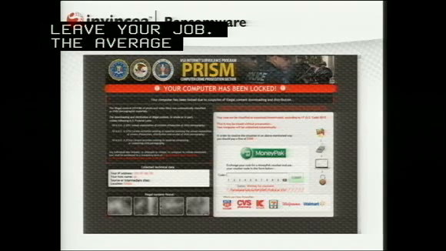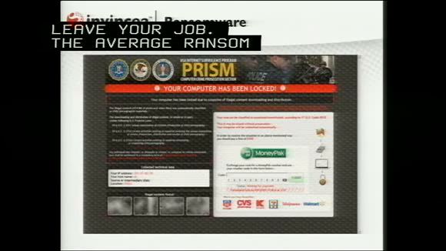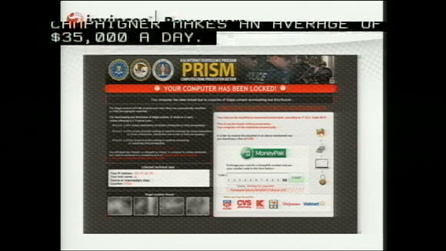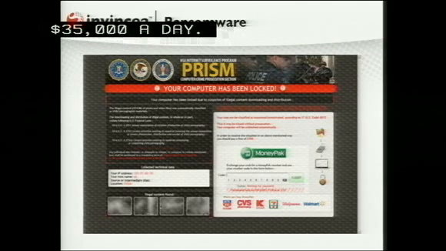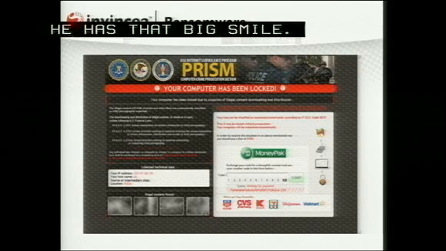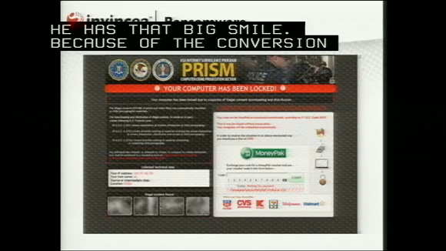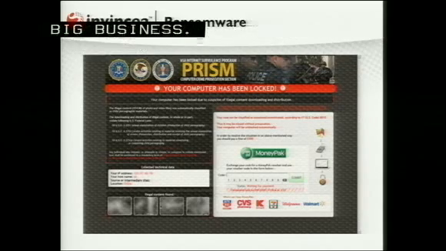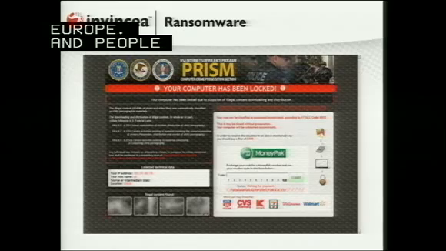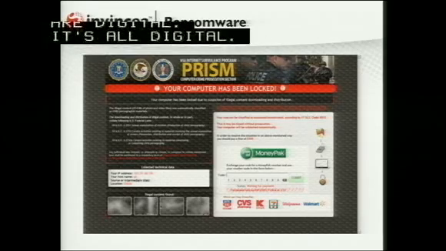Because of the amount of ransomware they're dropping and the conversion rates on that. They're fairly significant. It's big business. It's being run out of Eastern Europe. Our entire lives are digital. Just think about everything, your work, your personal life, being encrypted. It's tragic. And it's exploding.